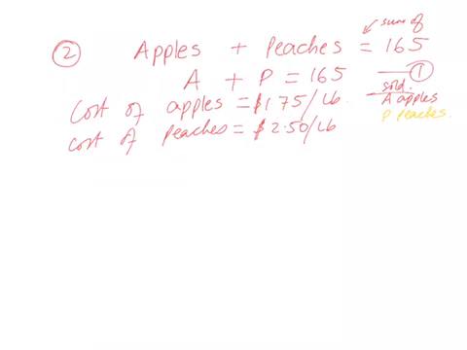So how much money is she making with the apples? She's going to make 1.75A by selling the apples. And she'll make 2.5 times P by selling the peaches. And all of this is equal to 337.5.